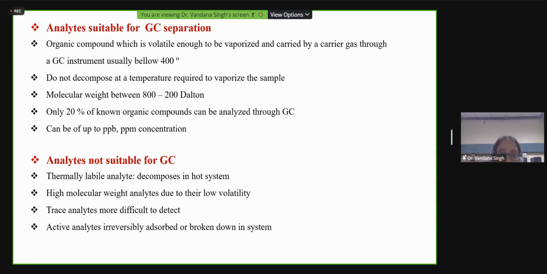So this is the overall representation of what an injector chamber looks like.